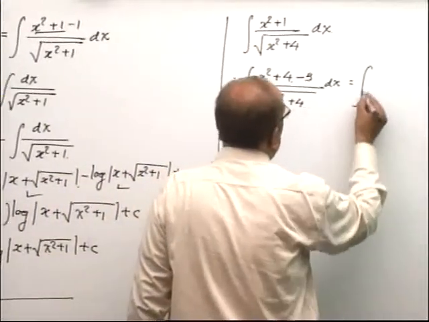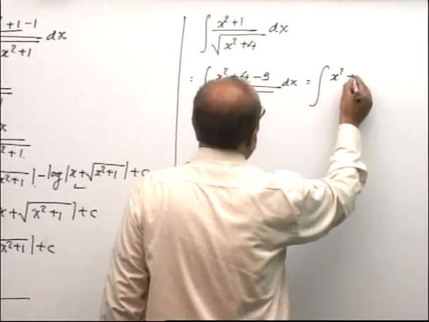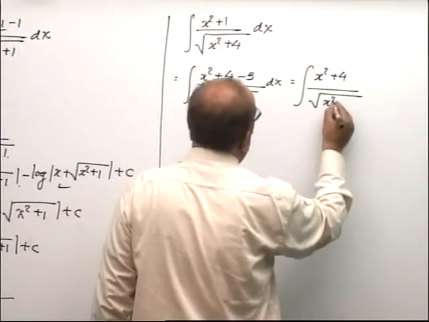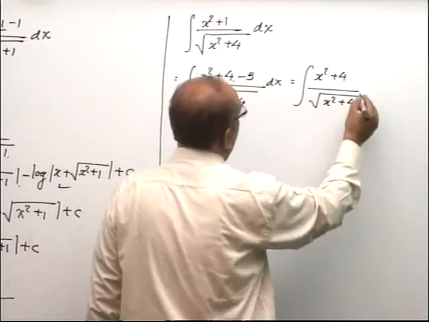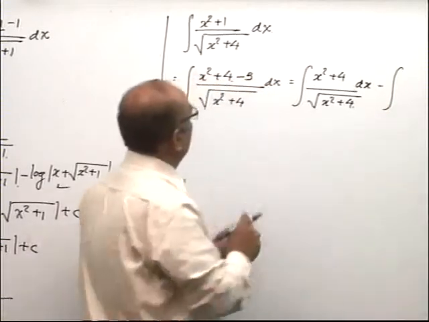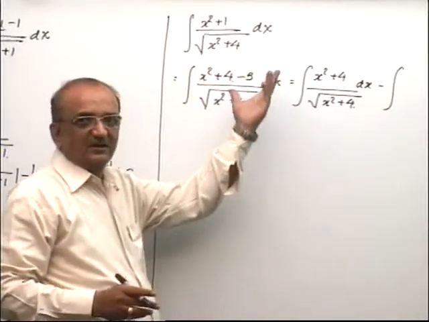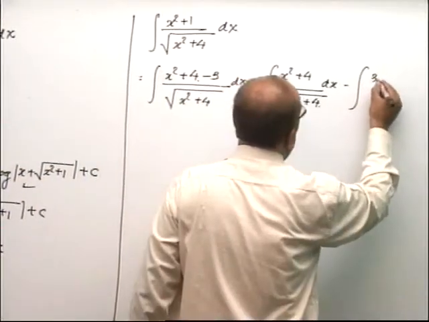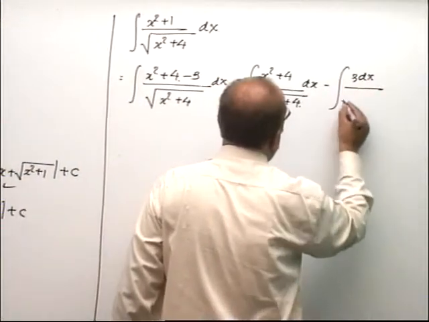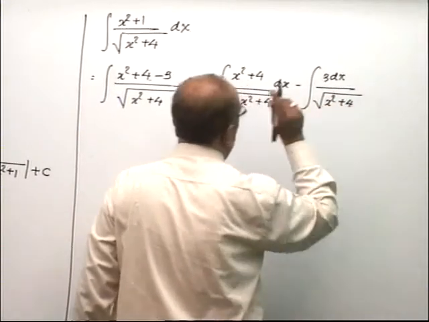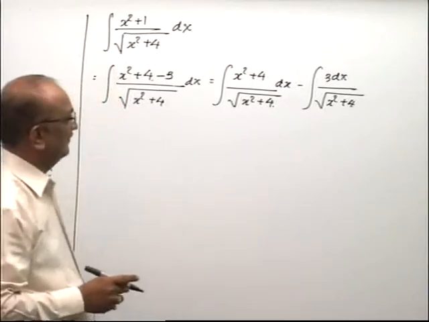Equal to, you can say that the integration of (x square plus 4) upon root of (x square plus 4) dx, minus integration, this second part is 3 upon root of (x square plus 4). Clear?